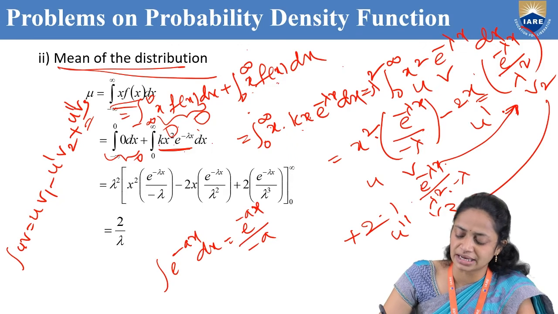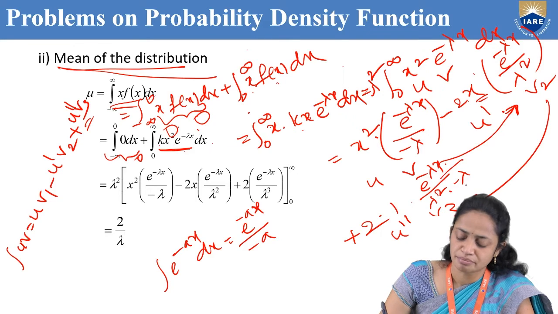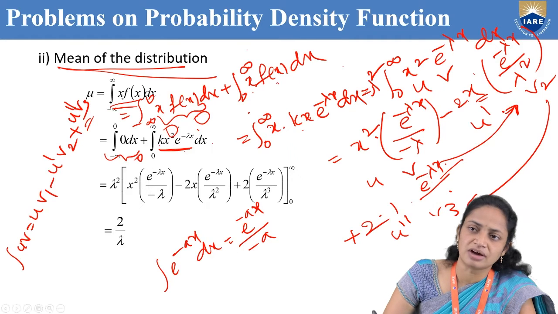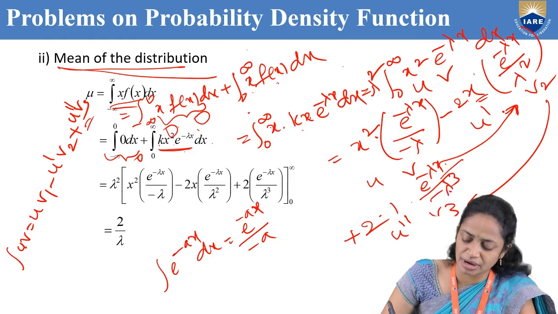So already we have lambda square and this is minus lambda, so that is minus lambda cube.